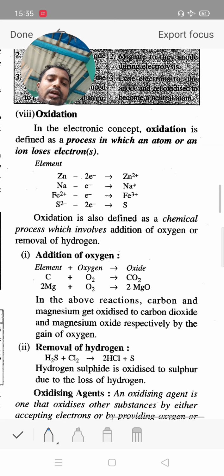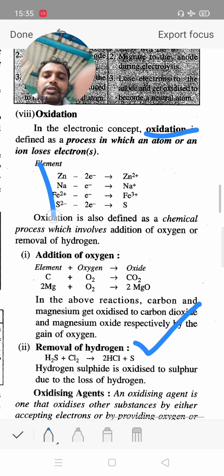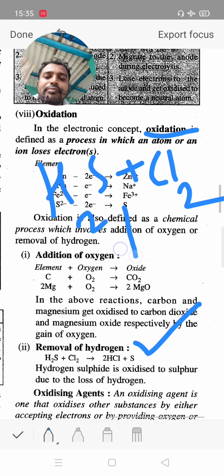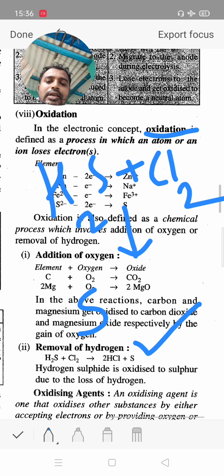Next, removal of hydrogen means oxidation process. Suppose hydrogen sulfide reacts with chlorine gas. In this, hydrogen sulfide is oxidized to give sulfur, with elimination or loss of hydrogen, and 2 HCl as a byproduct.